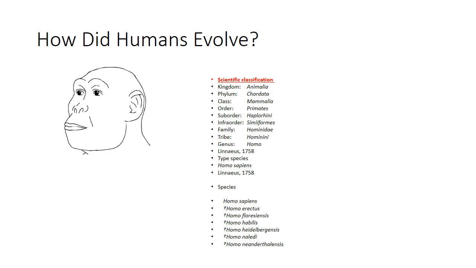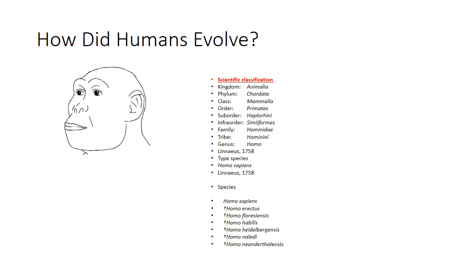Please don't think for a second that I want you to remember by heart all the names of all these taxonomical categories. I just want you to understand the logic of where we belong as a species.